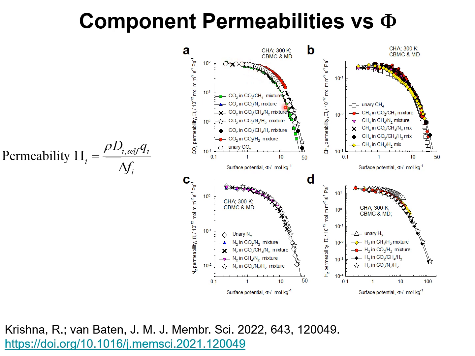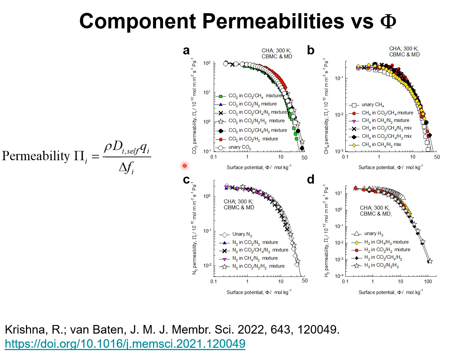The open symbols represent the unary permeabilities, and the filled symbols are permeabilities in binary mixtures and ternary mixtures.